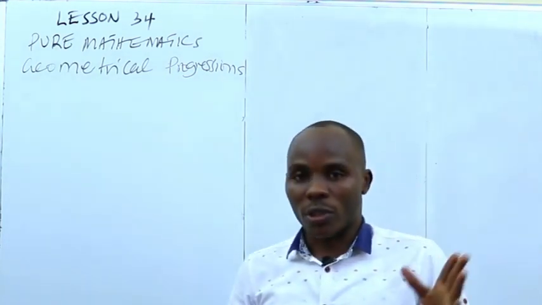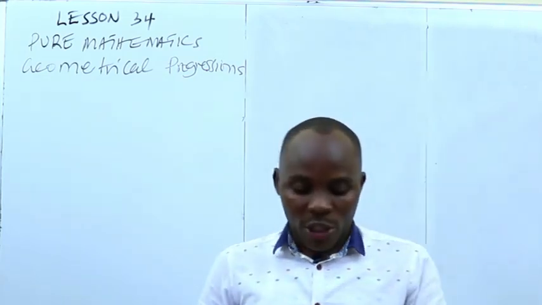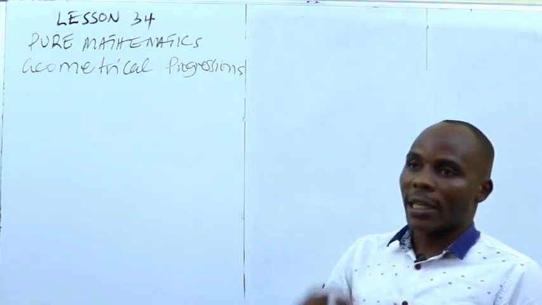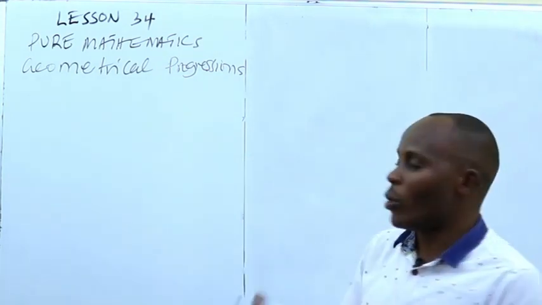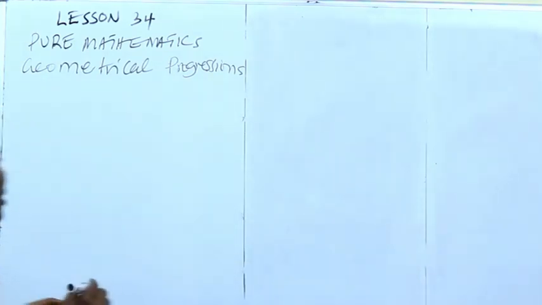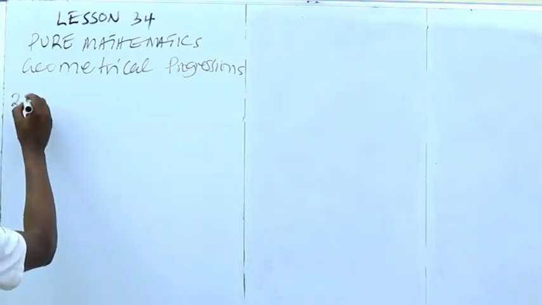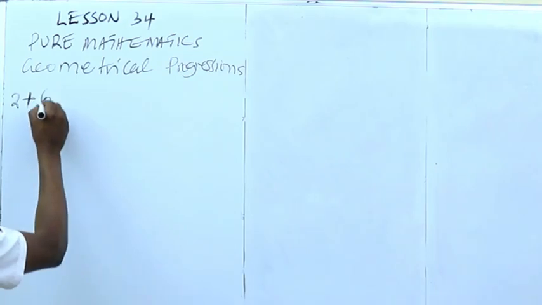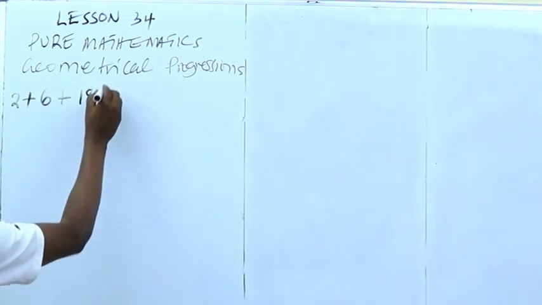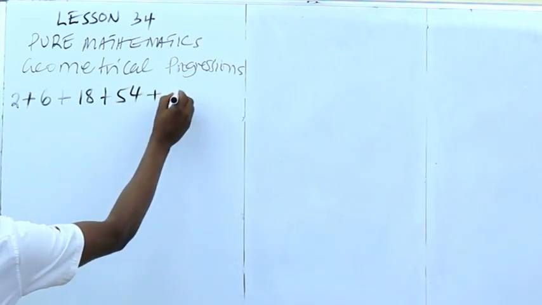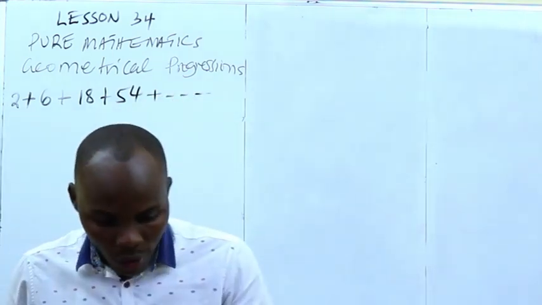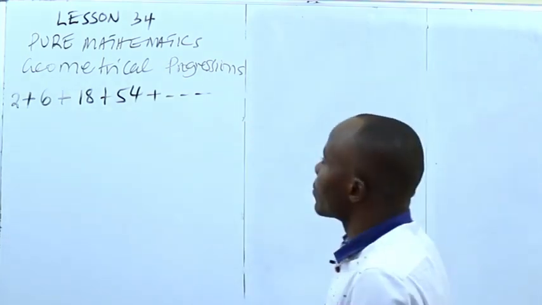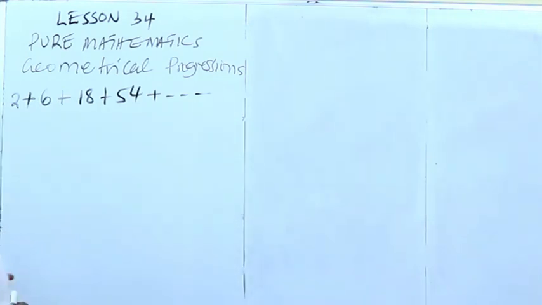We talked about the arithmetic progressions and fully gave it enough justice, and we introduced some bits of the geometrical progressions, where I said that if you have a series, say 2, 6, 18, 54, and so on, if you look at that series critically, the first term is a 2.